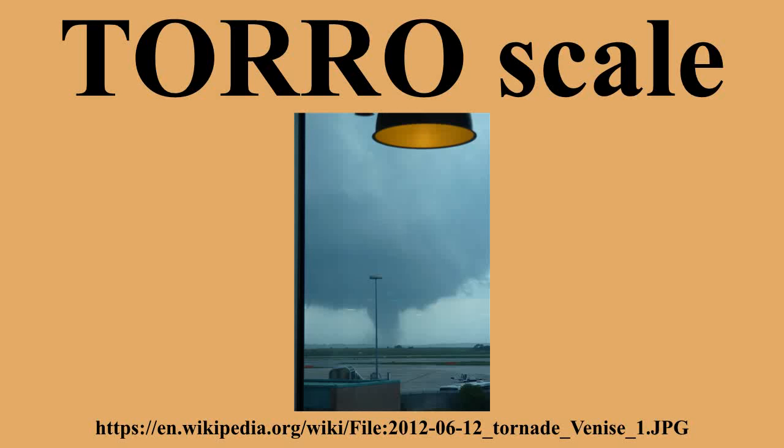The TORRO scale has more graduations than the F scale, which makes it arguably more useful for tornadoes on the lower end of the scale. However, such accuracy and precision are not typically attainable in practice. Brooks and Oswald stated that the problems associated with damage surveys and uncertainties associated with estimating wind speed from observed damage make highly precise assignments dubious.